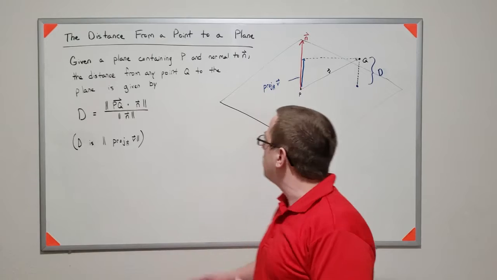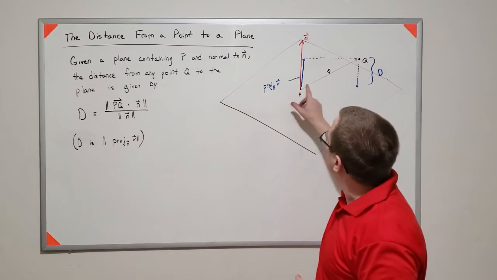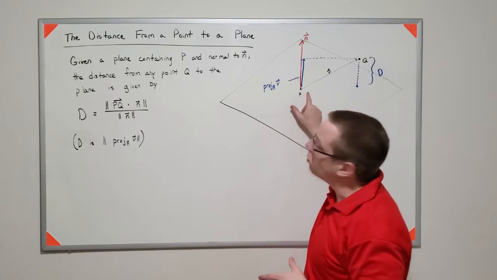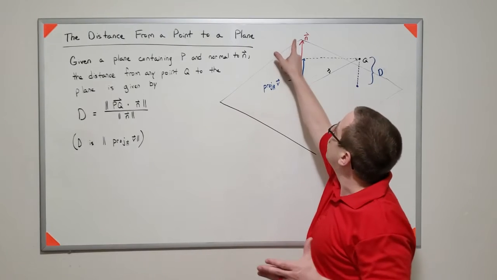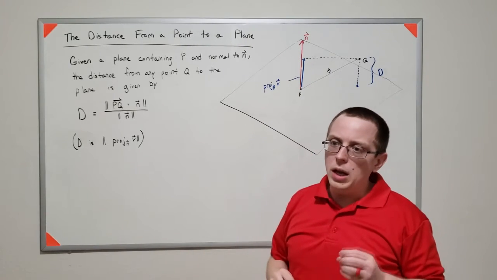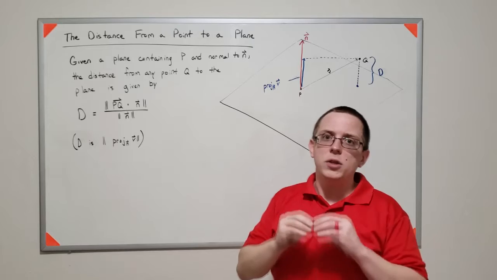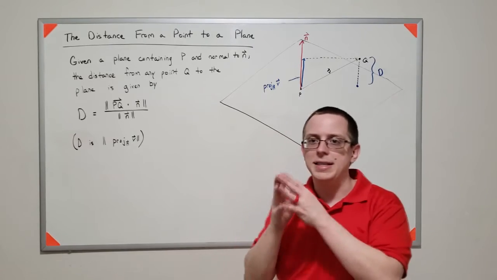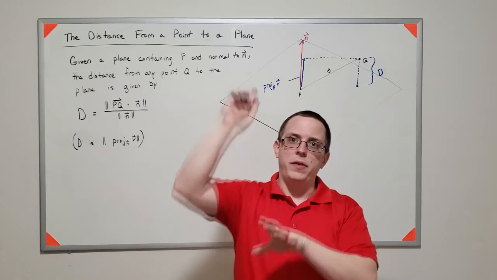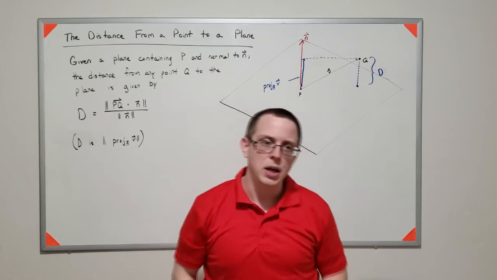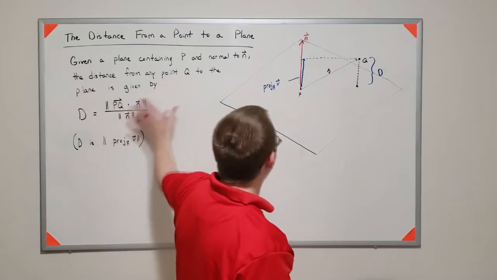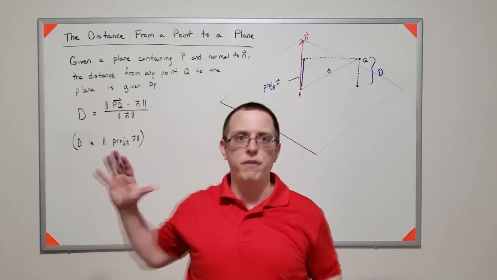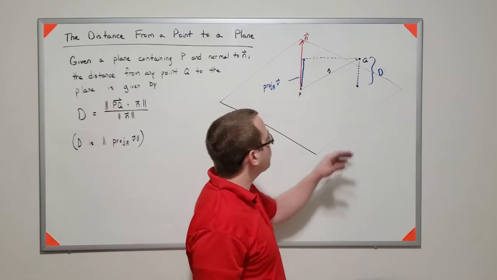So if I have a plane, and that plane is defined by some sort of point and some sort of normal vector, then the easiest way to figure out the distance from a point to that plane is over here. But let's talk a little bit about where that value comes from.